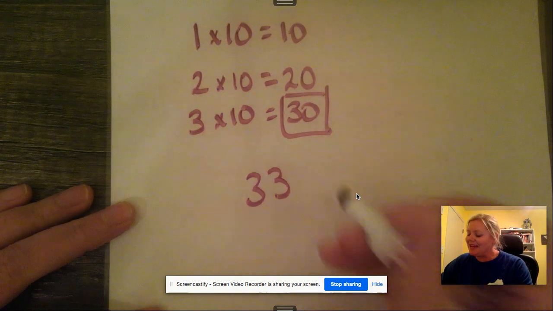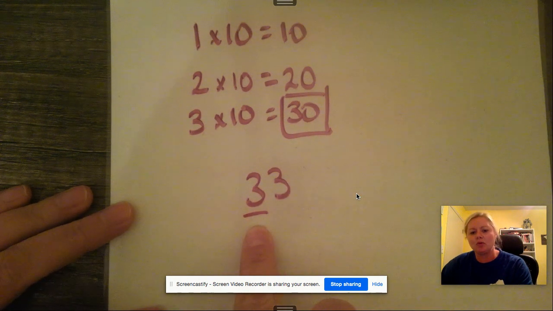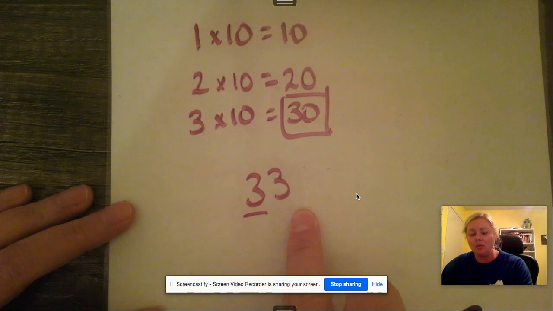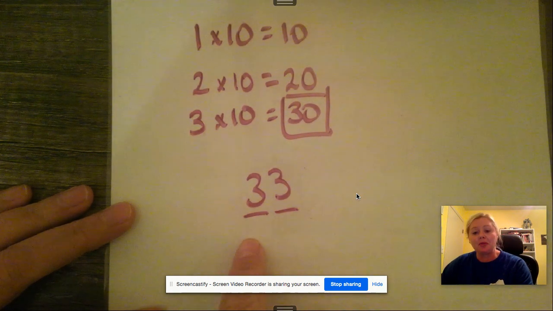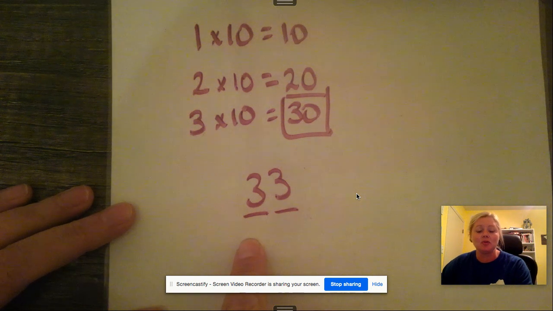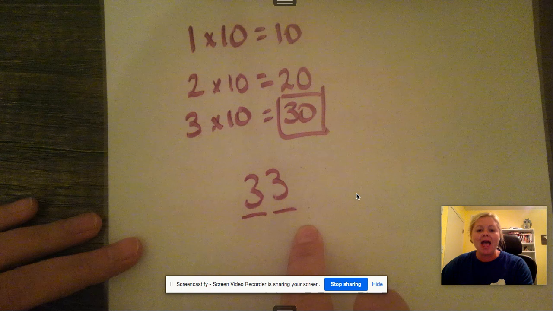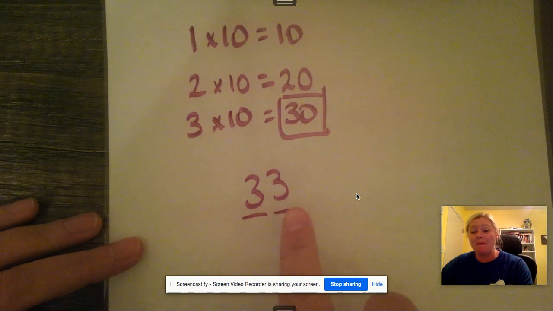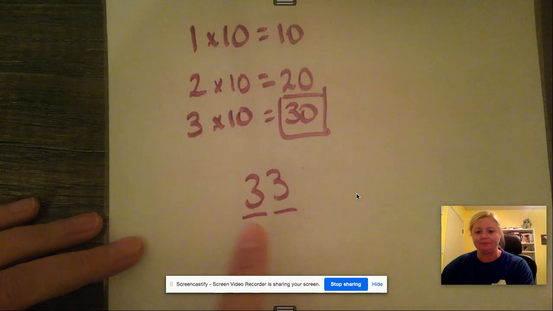So my 3 in the tens place is 10 times as great as my 3 in the ones place. I have to multiply this 3 by 10 in order to have 3 tens, which is 30.